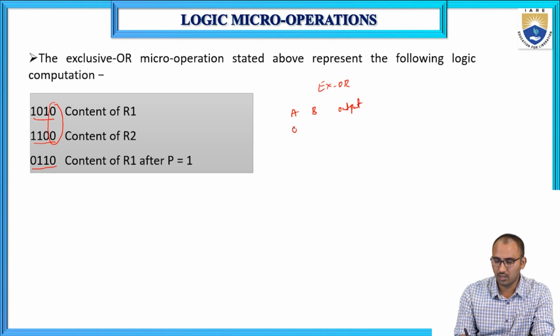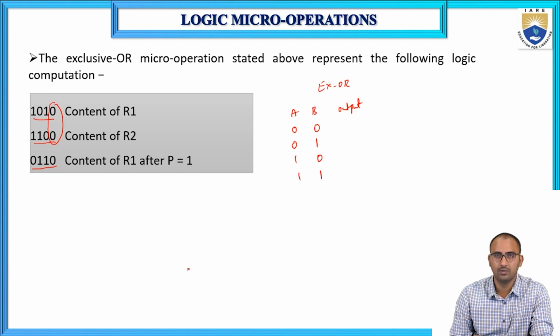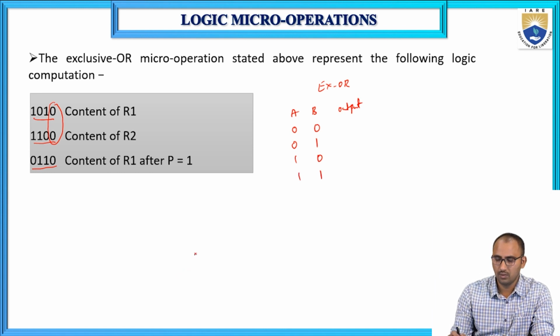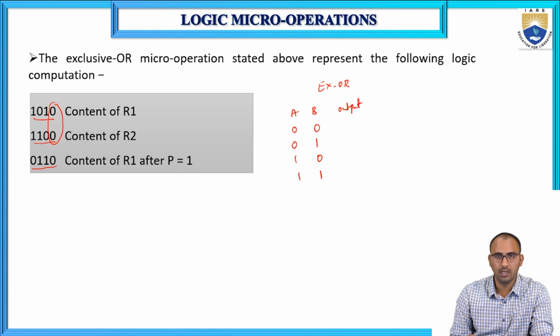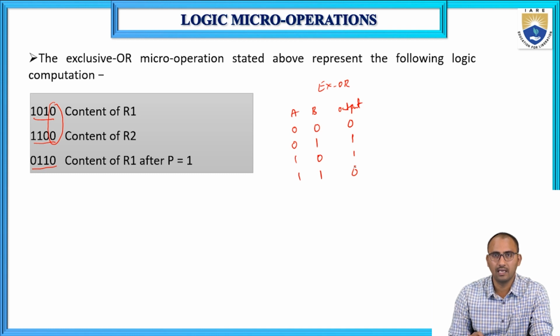The input combinations are 00, 01, 10, 11. Because there are 2 inputs, the number of input combinations is 2 power 2, that is 4 possible input combinations. The output of the exclusive OR gate is 1 if the inputs are different, and 0 if the inputs have the same values. That is the truth table of the exclusive OR.